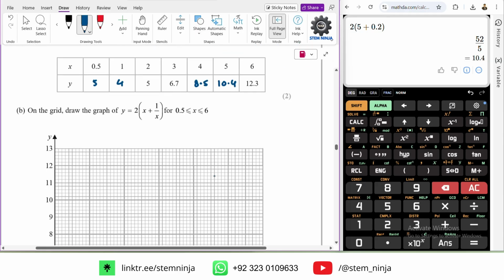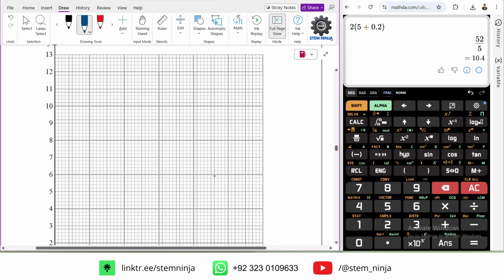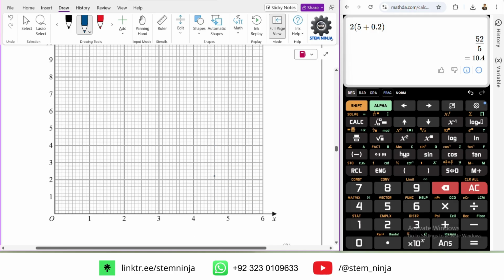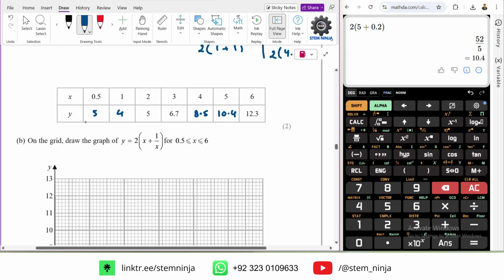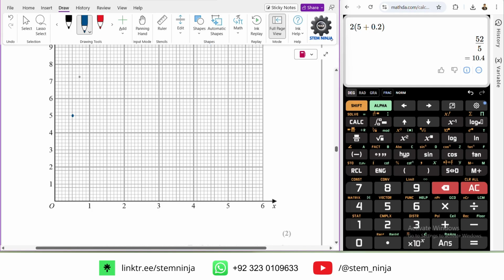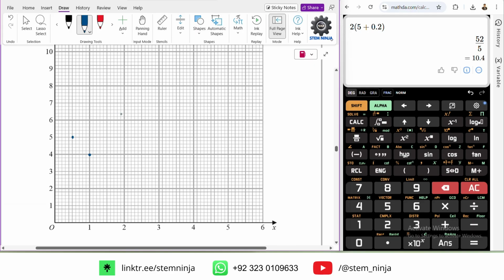Okay. On the grid, draw the graph of y is equal to x plus 1 over x for 0.5 less than x less than or equal to 6. Okay. So 0.5, 1, 4, 2, 5.